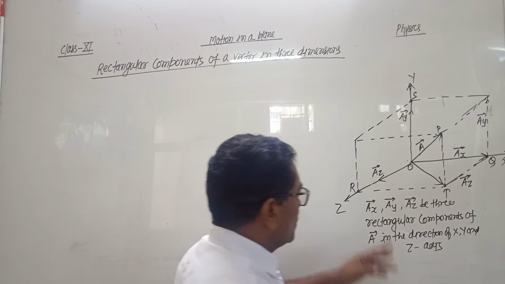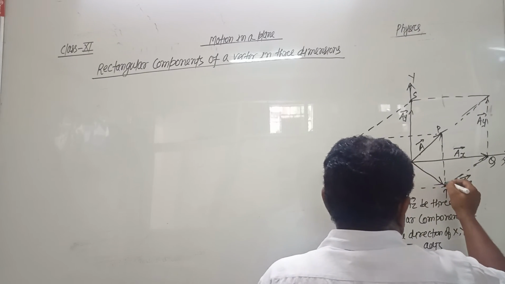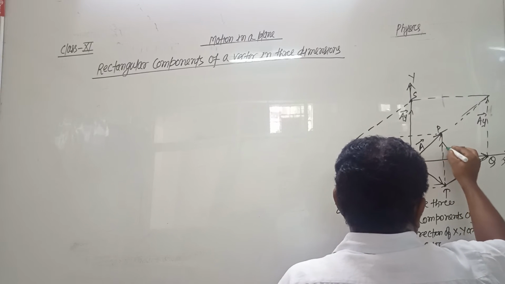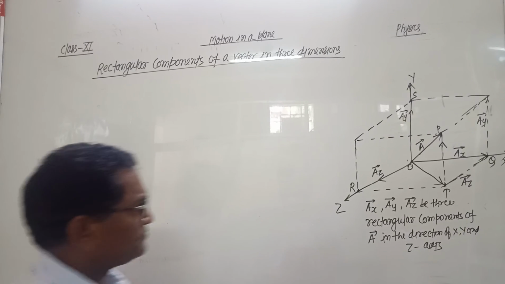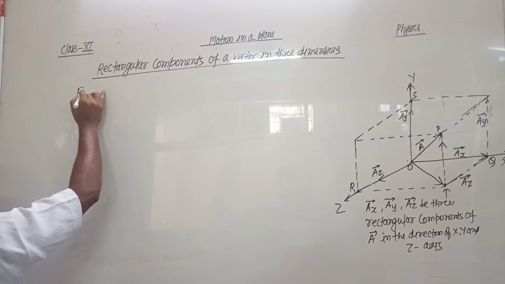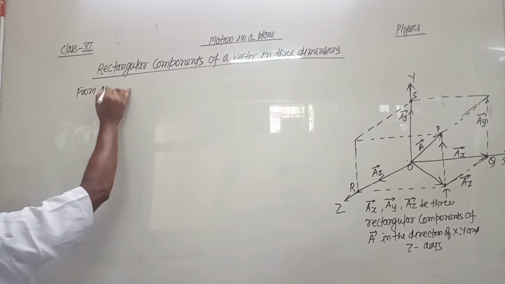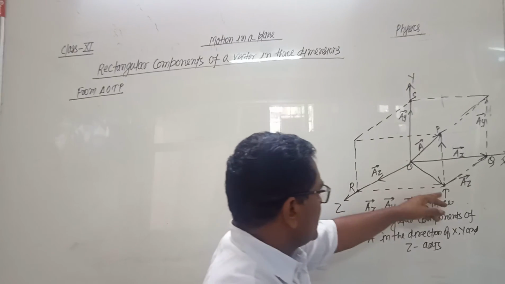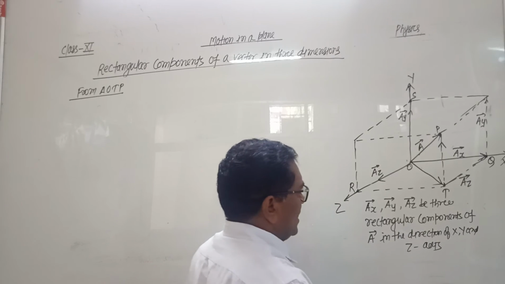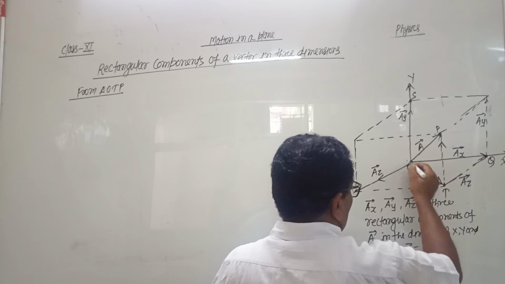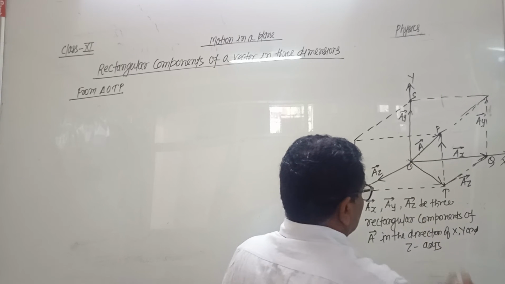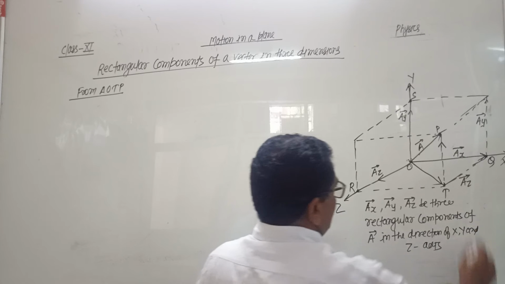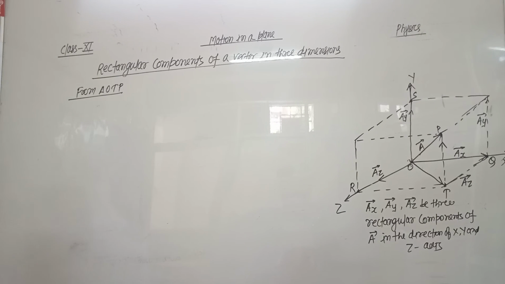So from triangle OTP, we use the triangle law of vector addition. The order of OT and TP is the same, and the order of OP is different.